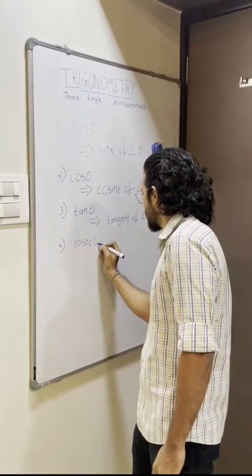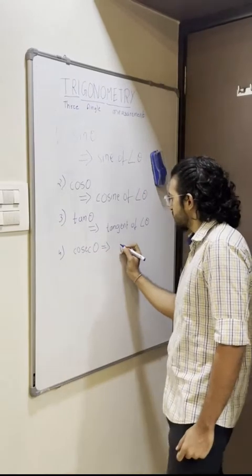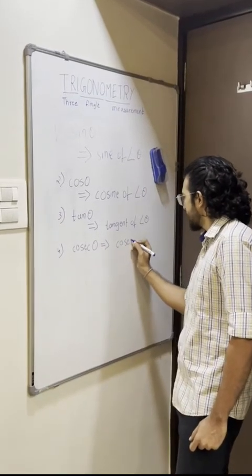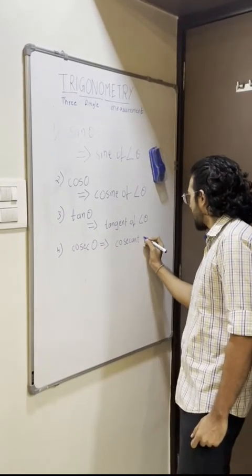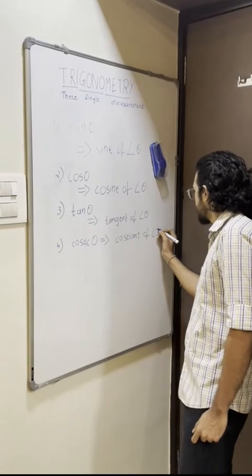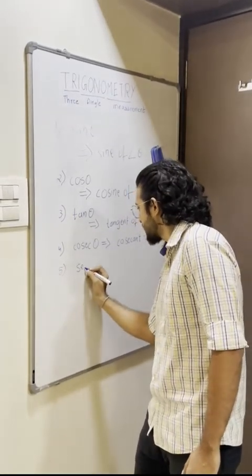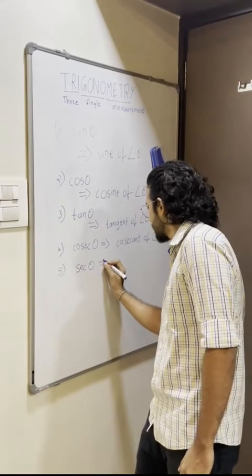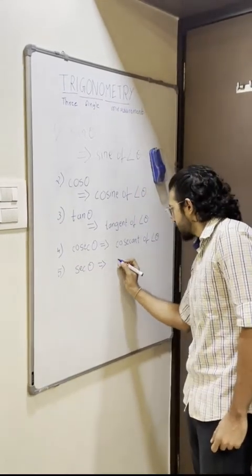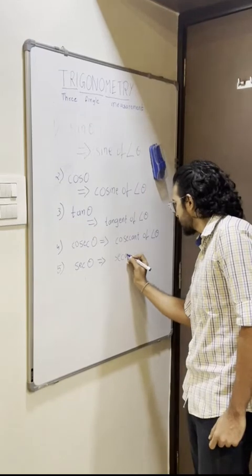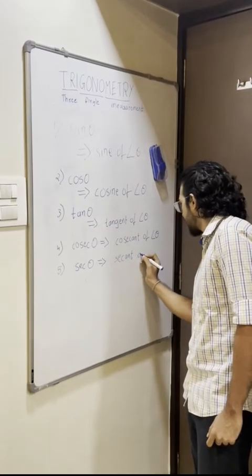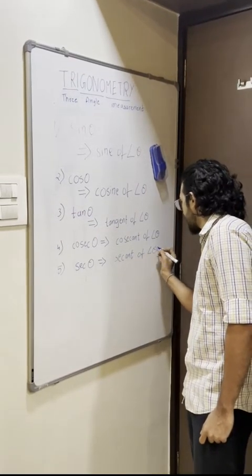Fourth one, cosec theta, which implies cosecant of angle theta. The fifth one, sec theta, which implies secant of angle theta.